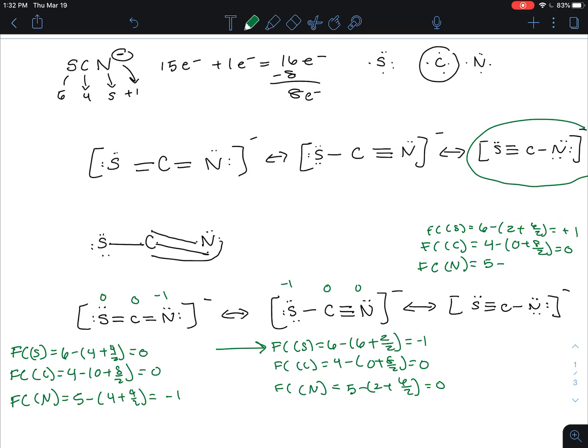Formal charge for nitrogen is 5 minus 6 plus 2 over 2, which is 1, plus 6 is 7, 5 minus 7 is negative 2. So I have positive 1, 0, negative 2. So this structure is still possible because I get a charge of -1.